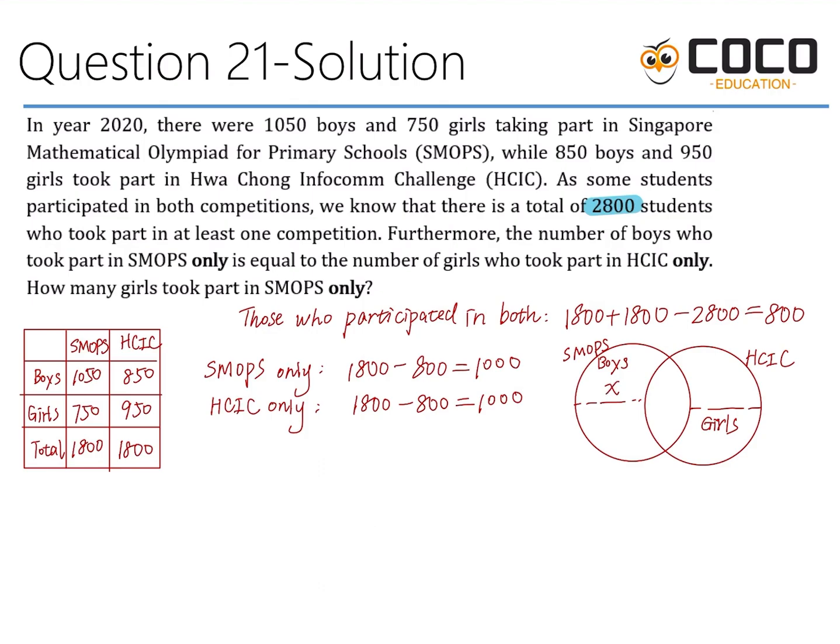So we can let this number be x. Then we know the girls who did SMOPS only is the total 1,000 minus x. And then the boys who did HCIC only is 1,000 minus x.